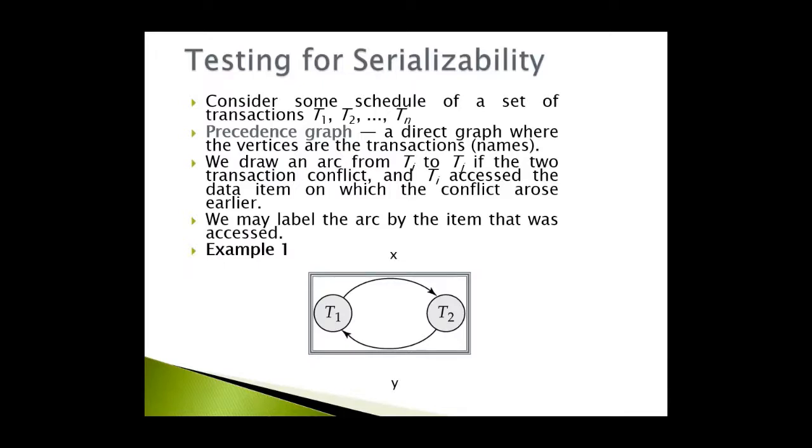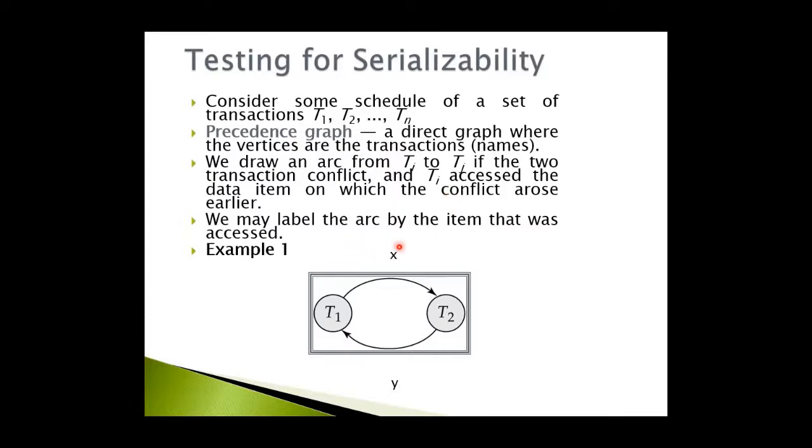A precedence graph is nothing but a directed graph where the vertices are the transactions, meaning every transaction will represent a vertex. We draw an arc from transaction Ti to Tj if the instructions belonging to the two transactions conflict with each other, and Ti accessed the data item on which the conflict arose earlier.